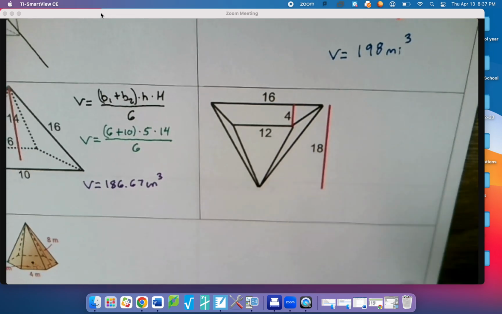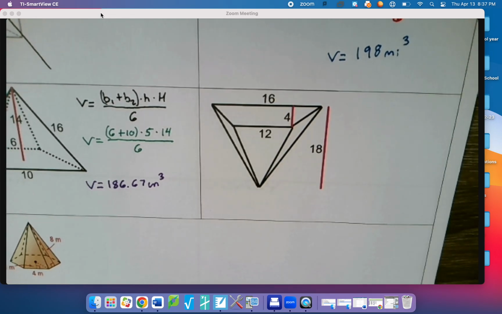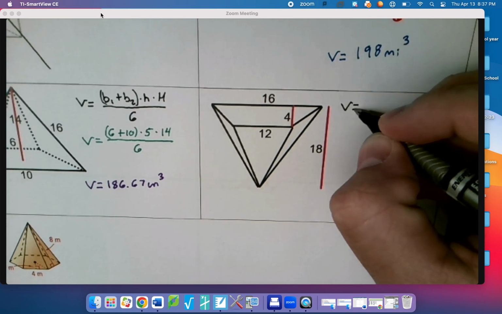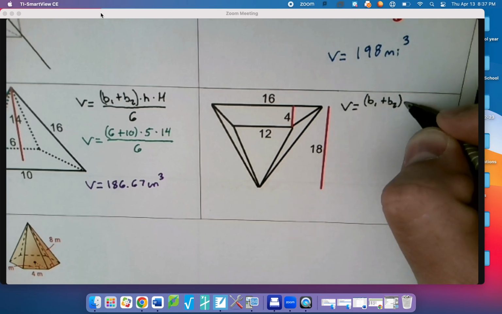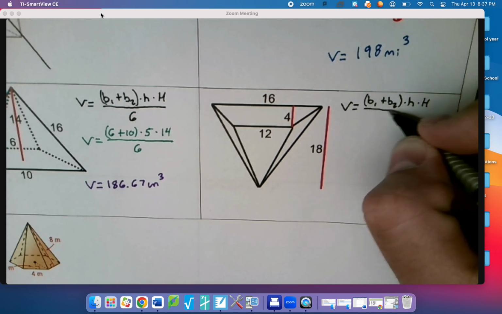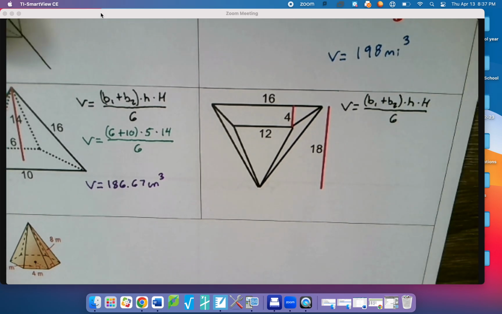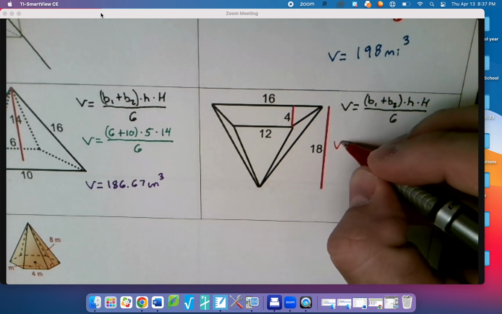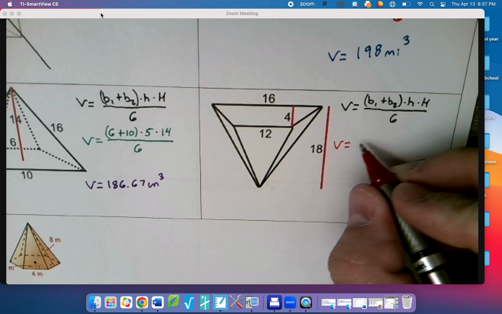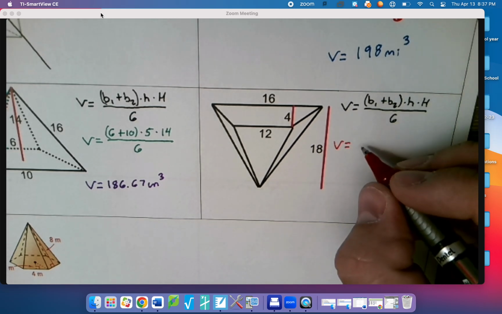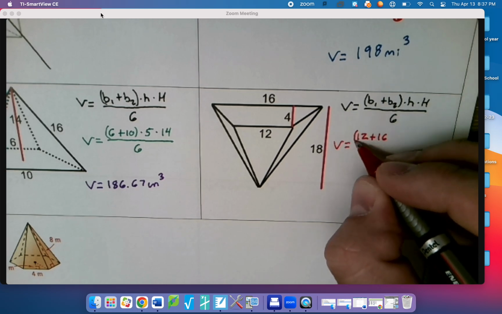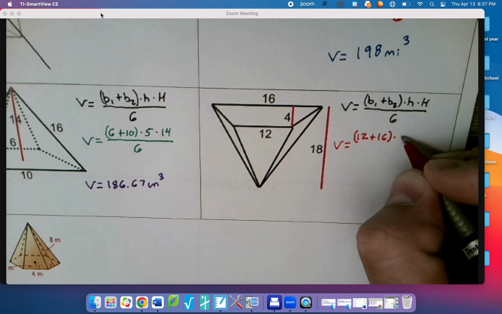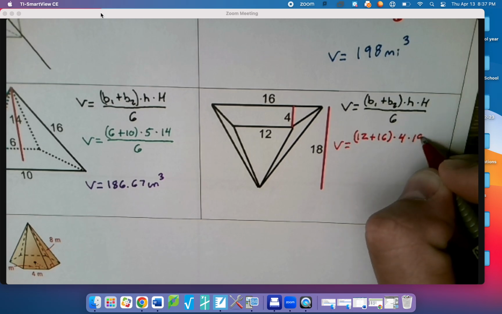All right, next trapezoidal pyramid. Learning, getting it. We're going to take base 1 plus base 2 times the height times the big height divided by 6. All right. Half the battle with these problems is knowing which number represents which dimension. It's another good reason to always write down your formula.